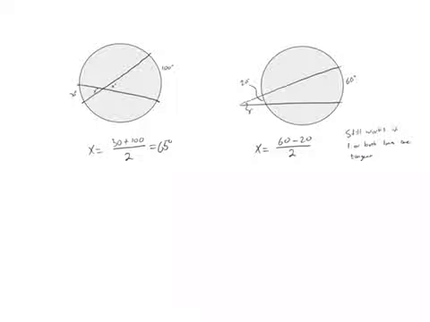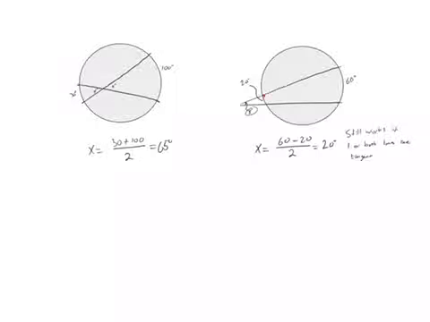And then if they intersect outside a circle, so if they pass through the outside of the circle, then it's the difference of them. So the bigger one, 60 minus 20 divided by 2. So that one would equal, what, 40 over 2, 20 degrees. Okay, this angle there is 20 degrees. This one right here. Okay.